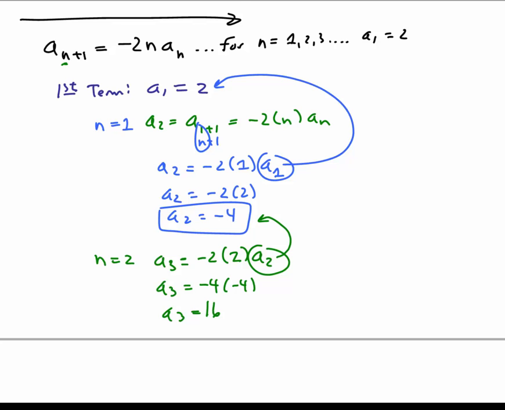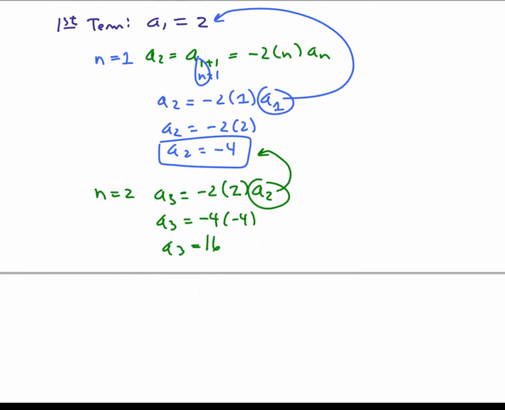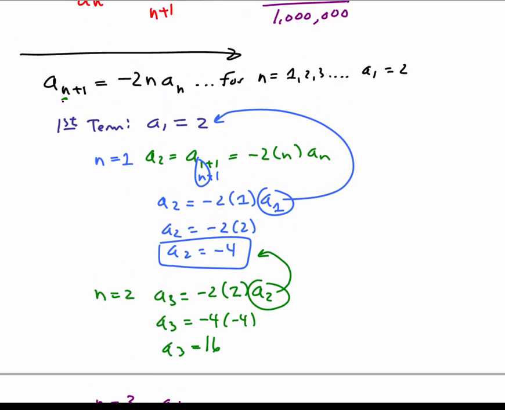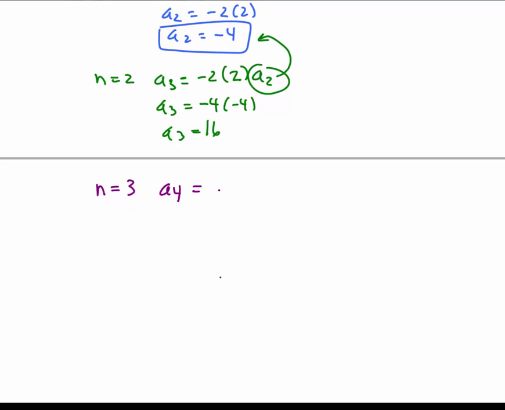So you can see how this is building. I have to kind of go back to the previous term to find the current term. So let's look at n equal 3. So for n equal 3, I have a sub 4, because again, it's a sub n plus 1. So I'm kind of going after this idea right here. This is equal to negative 2 times 3 times a sub 3.